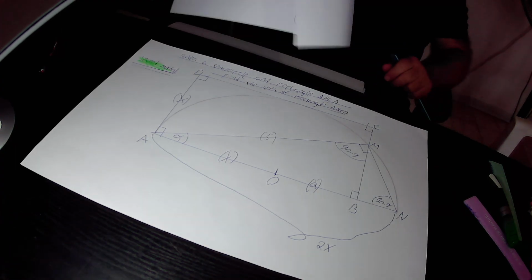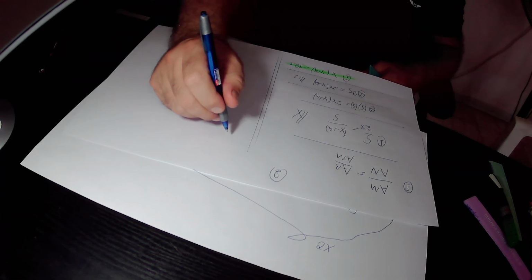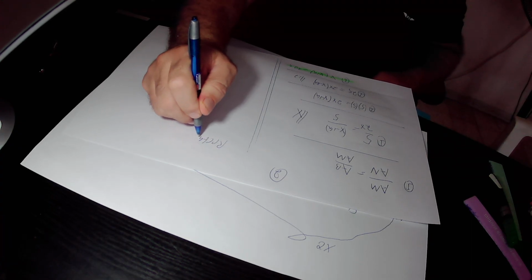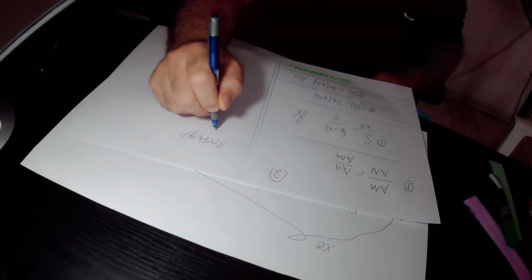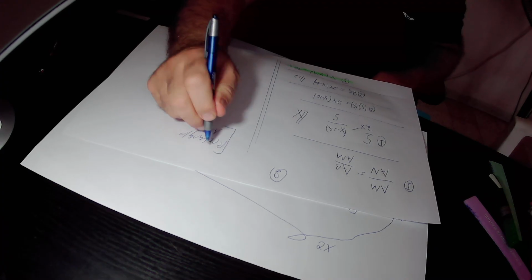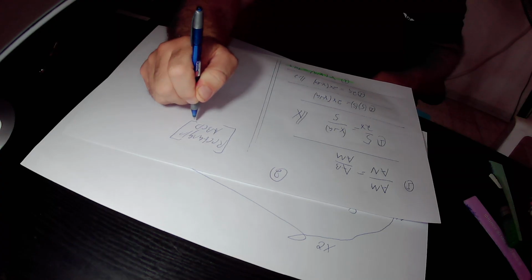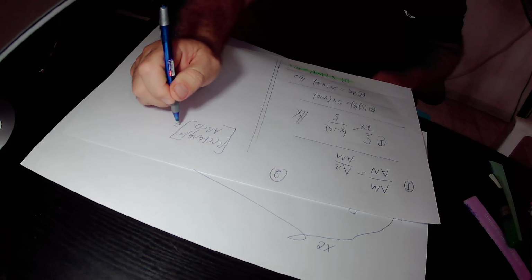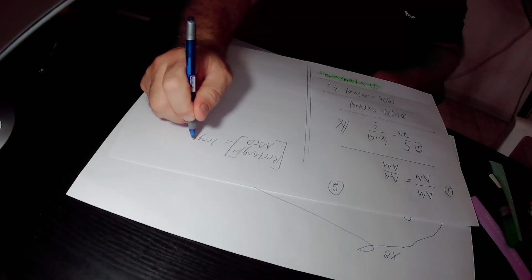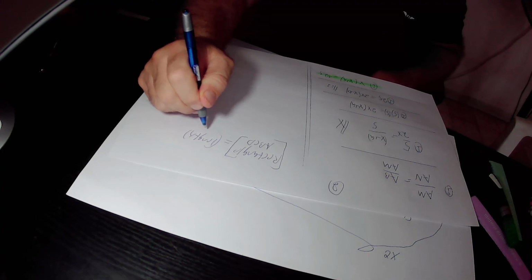So our mission is to find out the area of rectangle ABCD, and the area of a rectangle equals the length of the rectangle times the width.